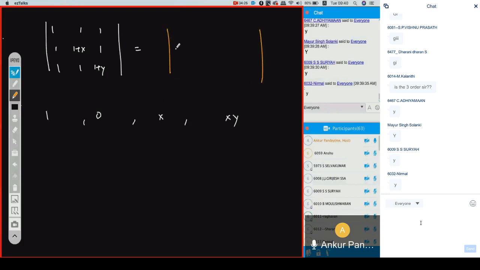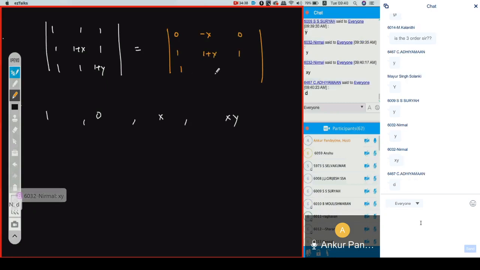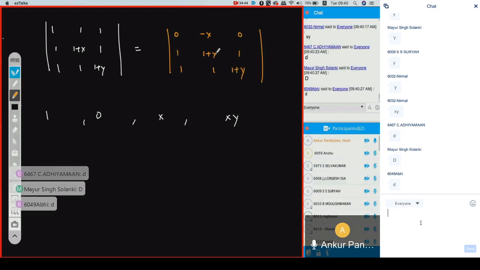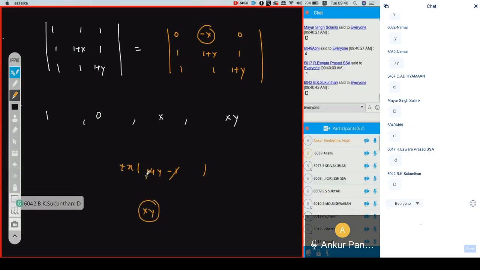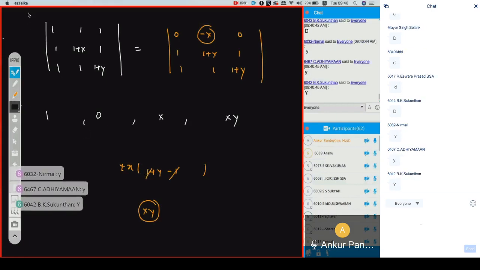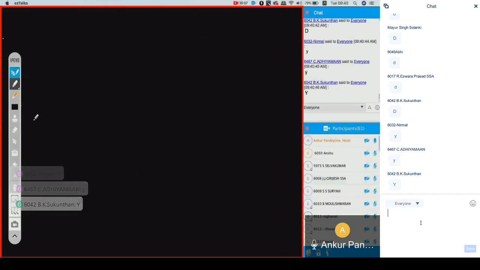You can change row 1 to row 1 minus row 2, so you will have this, and then expand. When you expand, this becomes plus x in the bracket. You have 1 plus y minus 1, cancel, x into y. Easy. Clear?